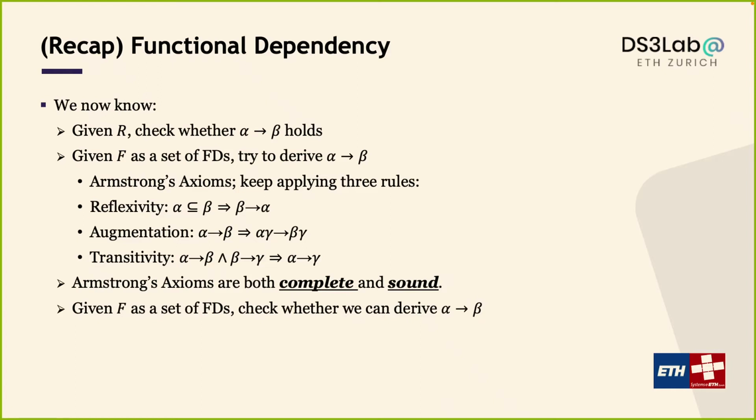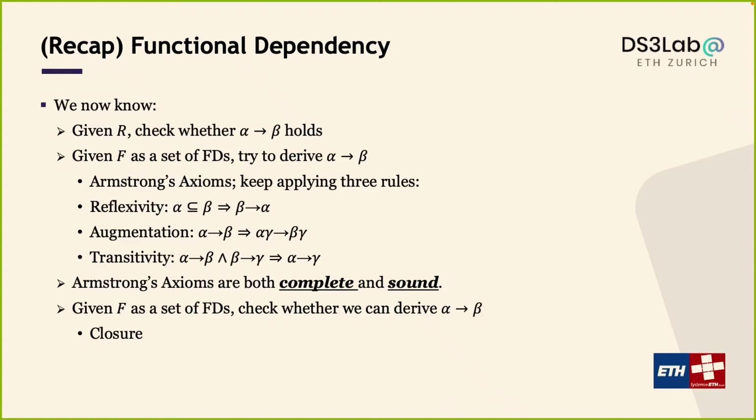And we also know that given F as a set of functional dependencies, we can check whether we are able to derive alpha decides beta or not. How to do it? We introduce the notion of closure. You first compute the closure of alpha, which is all the attributes that could be decided by alpha.